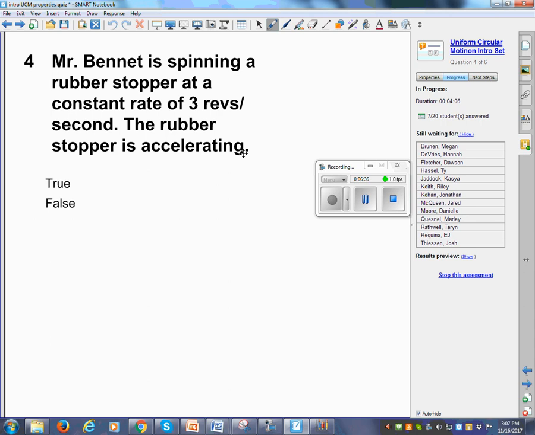Okay? No, you can't. The rubber stopper is accelerating. True or false? Constant 3 revolutions per second. I feel like it's false. Is it true or is it false? Is it accelerating? Is gravity still affecting it?